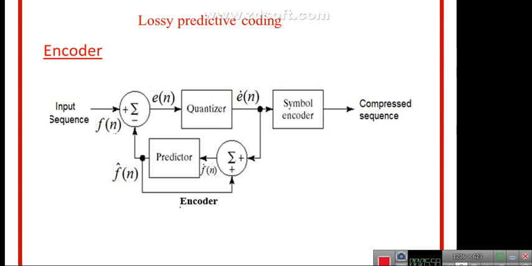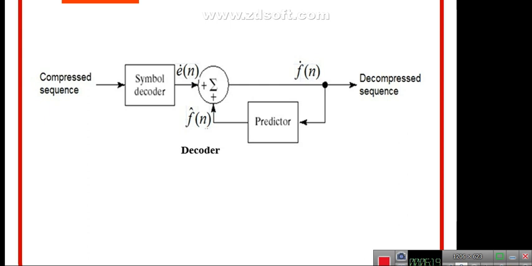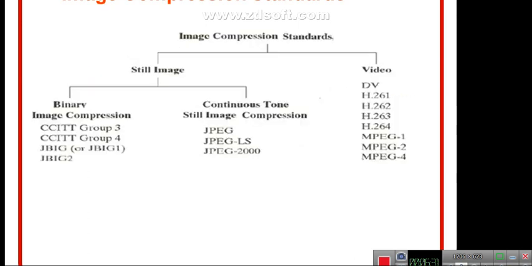This is given to the summer along with f cap of n, and we use a predictor block. The e dot of n is then given to the symbol encoder, and the resultant value is the compressed sequence. On the decoder side, the compressed sequence is given as input to the symbol decoder, again using the reverse of the encoding blocks, and finally we get the decompressed sequence.